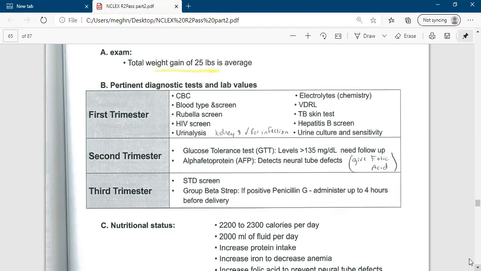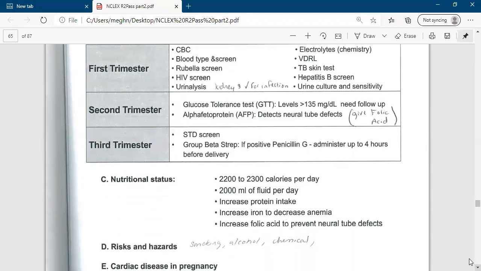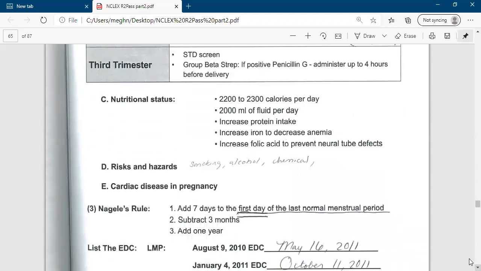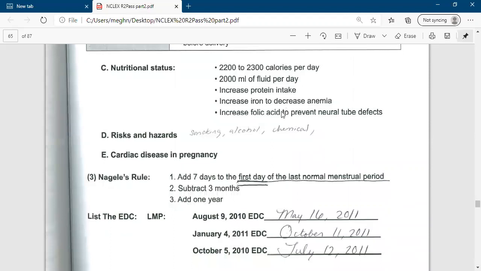Next, nutritional status. During this phase, when the mother prepares for pregnancy or labor, we have to know how much calorie a mother has to take.